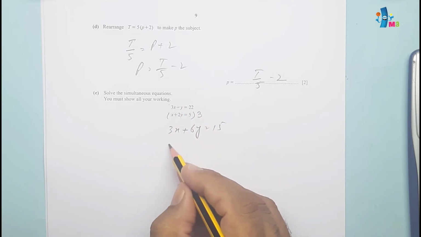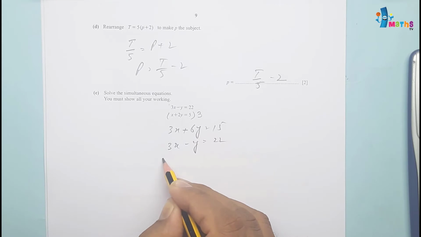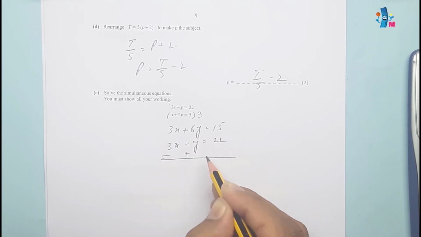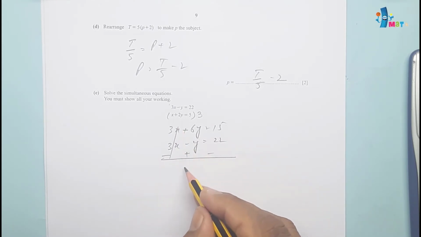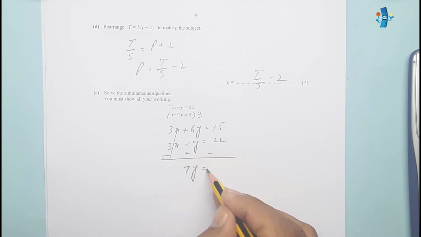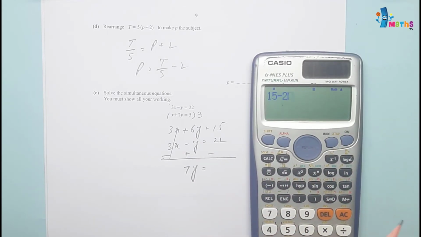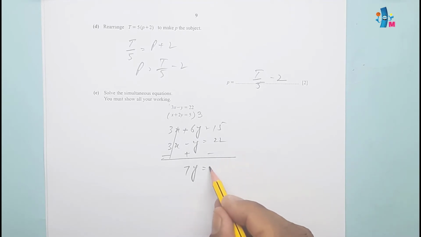And the first equation we can write 3x minus y is equal to 22. And now we can subtract, changing sign. This is gone, and this will be 7y. 6 plus 1, 7y is equal to 15 minus 22. 15 minus 22 will be equal to minus 7. So y is equal to minus 1.